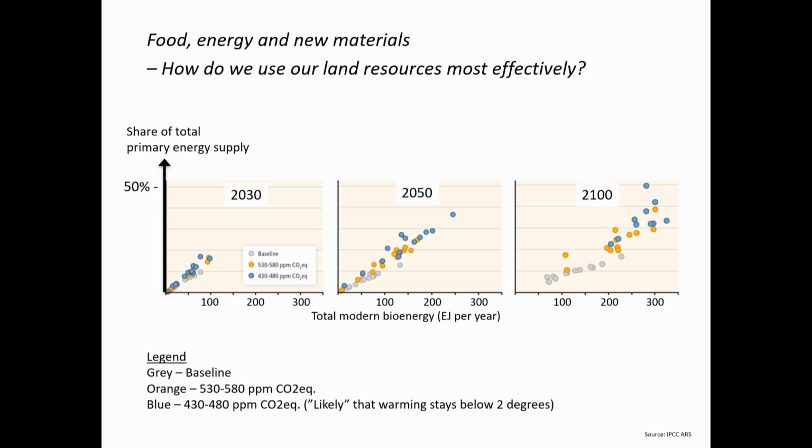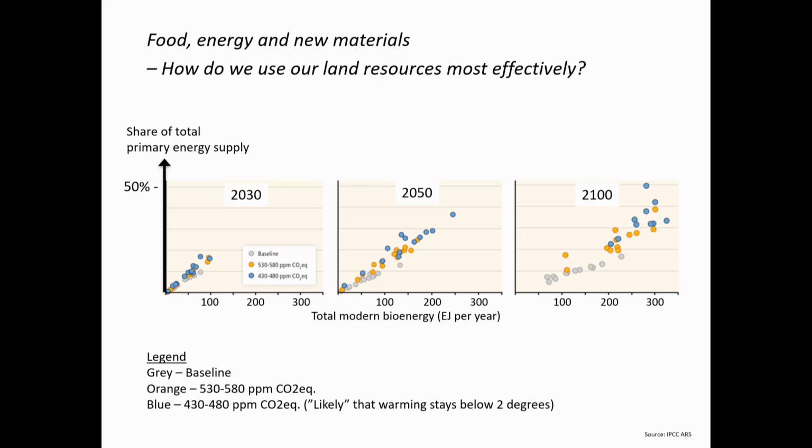You have different colors here. So you have a gray, boring baseline color. Then you have 2 other colors. You have the orange, yellowish one, which is a scenario where we do not really achieve so much in terms of stabilization of the temperature increase.